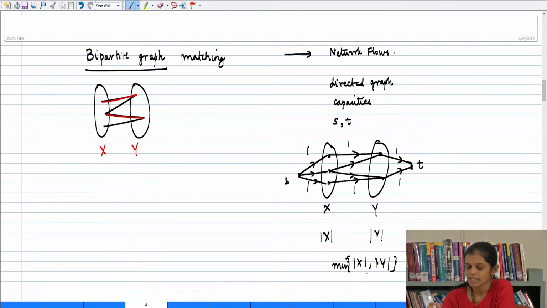Now we would like to ask, what is the relationship between the value of the max flow and the value of the maximum matching in the graph G that we had, and then we should ask what are the actual edges belonging to the maximum matching. These are the two questions because we want to retrieve a maximum matching. So let us do one direction first.